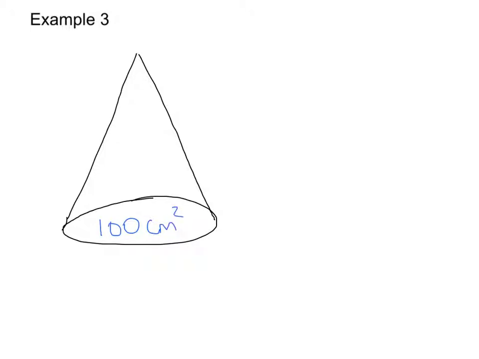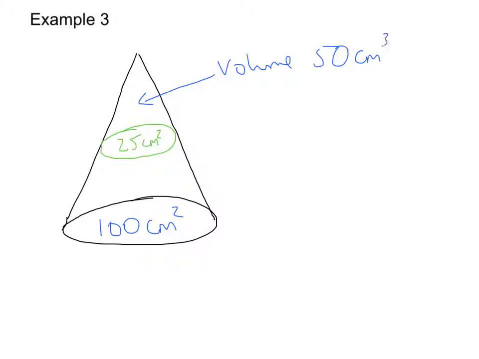There is also a section of the cone, a plane that's cut here, and we're told that this is 25 centimetres squared. We're also told that the volume of the small cone at the top is 50 centimetres cubed. We're asked for the volume of the entire large cone.